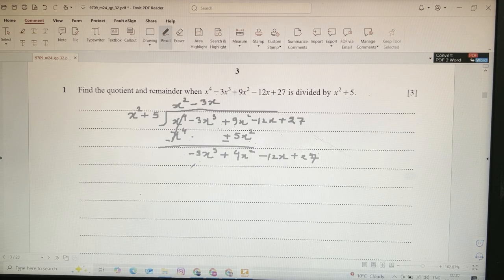So it comes as minus 3x cube. Then minus 3x and 5 will be minus 15x. So we'll write like terms together. Again we'll subtract, sign will change. So minus 3x cube plus 3x cube will get cancelled. 4x square as it is. 15 minus 12 will be 3x plus 27 as it is.